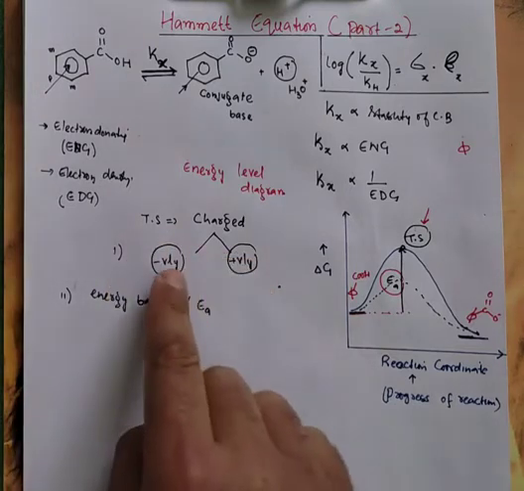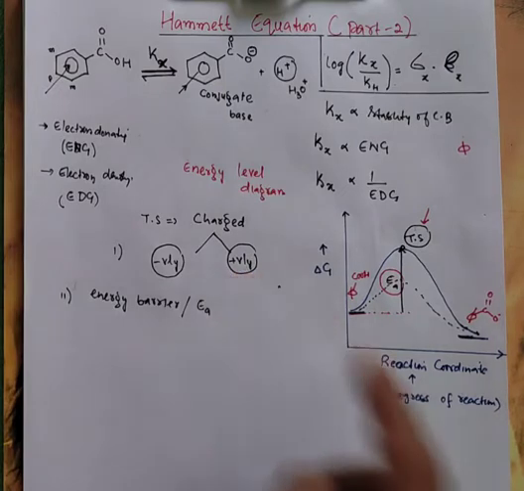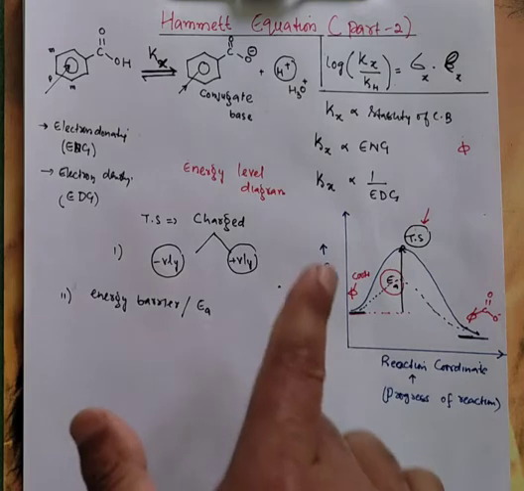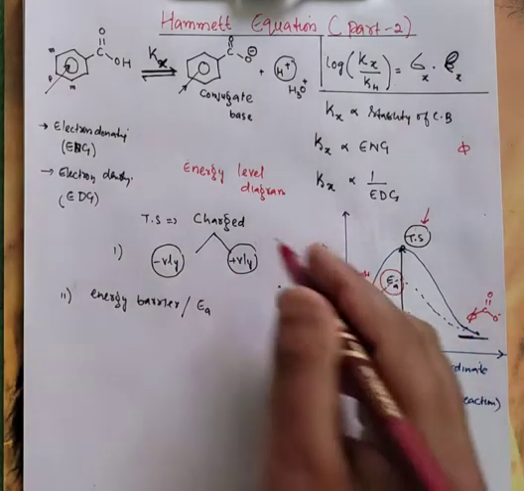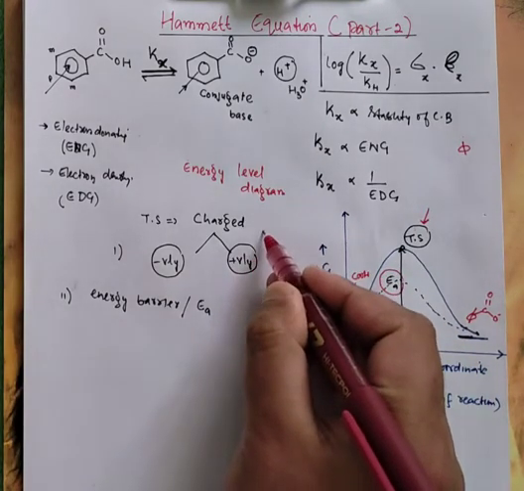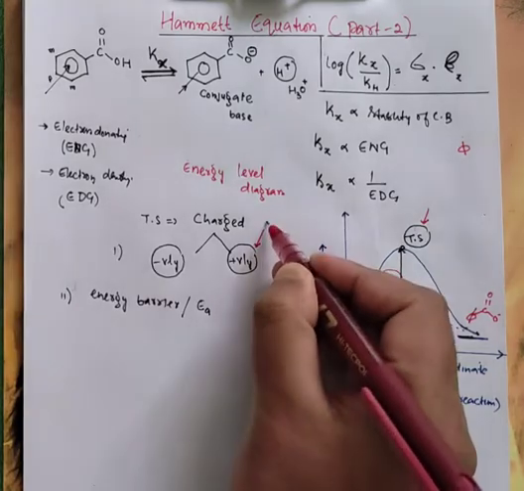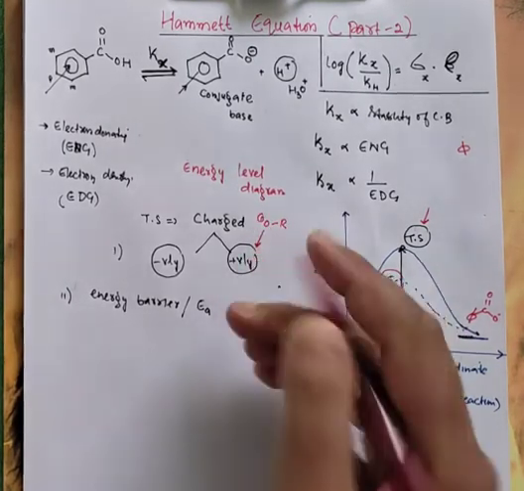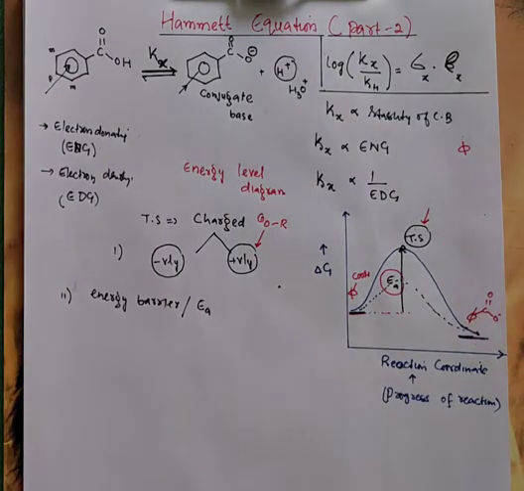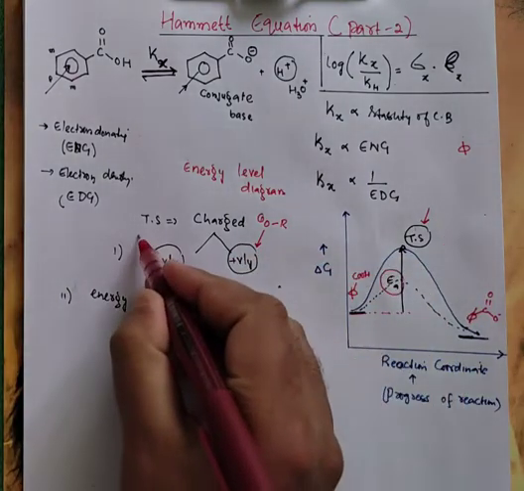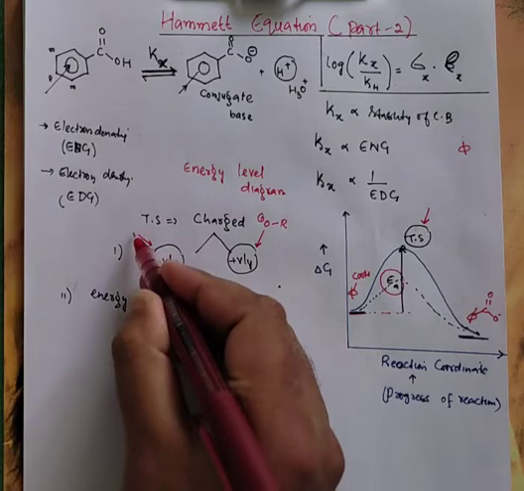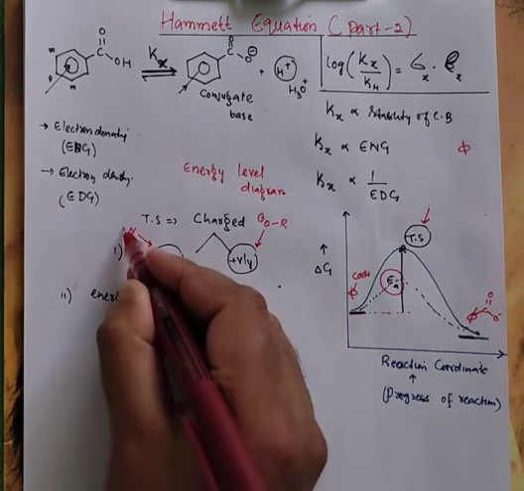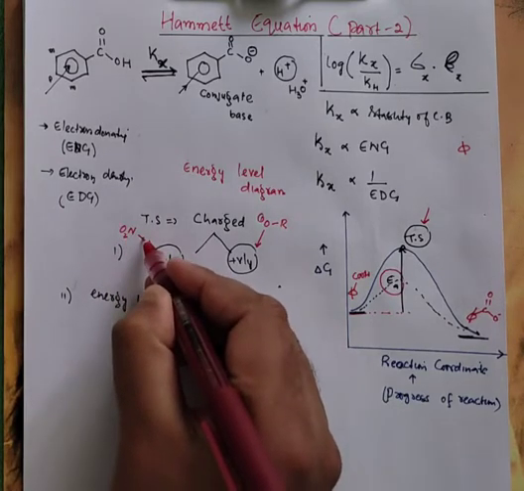Likewise, if it is positively charged, we should have a substituent that will minimize the positive charge. It's simple: if this is positively charged, I will put a group that is electron donating. That will remove this positive charge. If the transition state is negatively charged, I will put a group that is electron withdrawing.